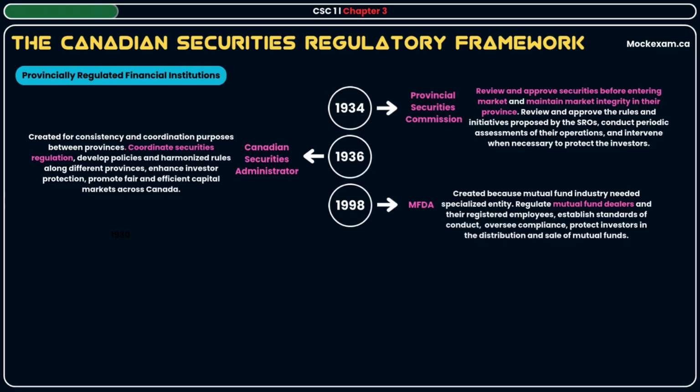MFDA regulates mutual fund dealers, those organizations or financial institutions that sell just mutual funds, and their registered employees. MFDA also establishes standards of conduct, oversees compliance, and protects investors in the distribution and sale of mutual funds.